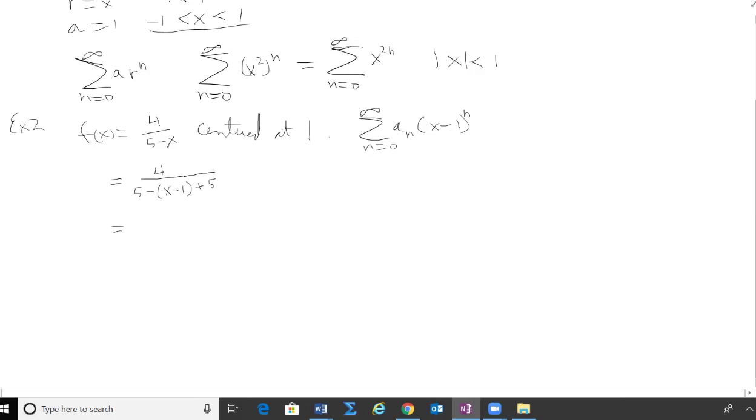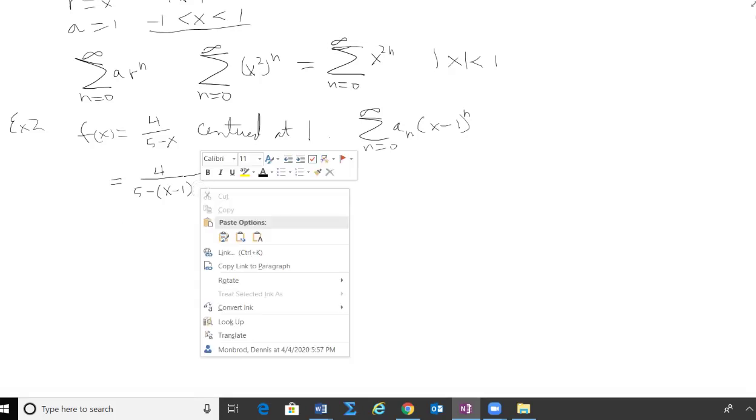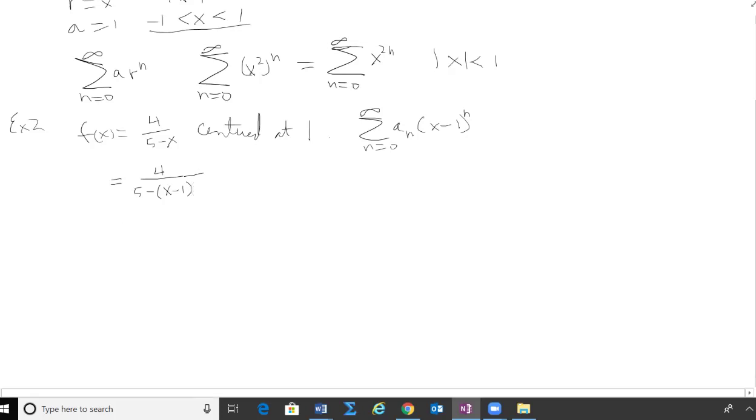Okay, now let's see what we have here. Sorry, I didn't add 5, I added a 1 here. I'm sorry about that. Here, let's do this. I added a 1, so I'm going to minus a 1 like that.